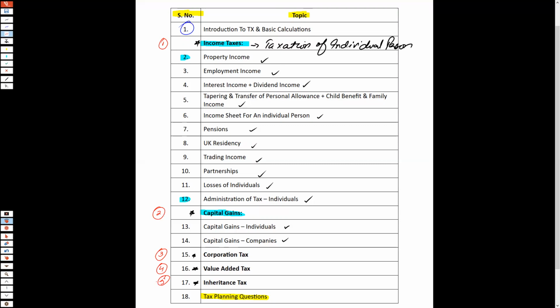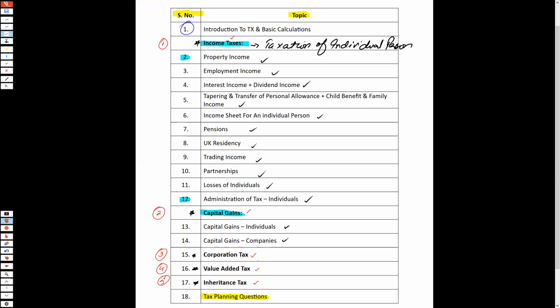So the taxation course is mainly divided into 5 areas. Income tax is basically income-based tax. Corporation tax is income-based tax. Capital gains is capital-based tax. Inheritance tax is capital-based tax. And value-added tax is on the consumption of goods or services.